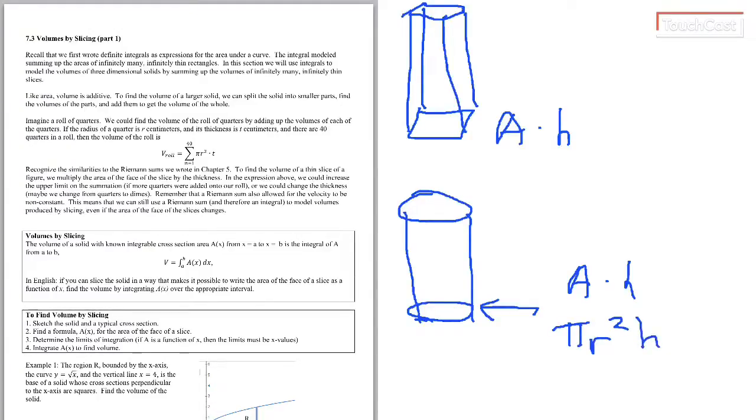If you remember any time back in the related rates section maybe, that we needed the volume of a cylinder, it was pi r squared times h. So this is a product. This is a multiplication problem, area times height. And I can use this idea, plus everything I know about definite integrals already, to model adding up infinitely many volumes.